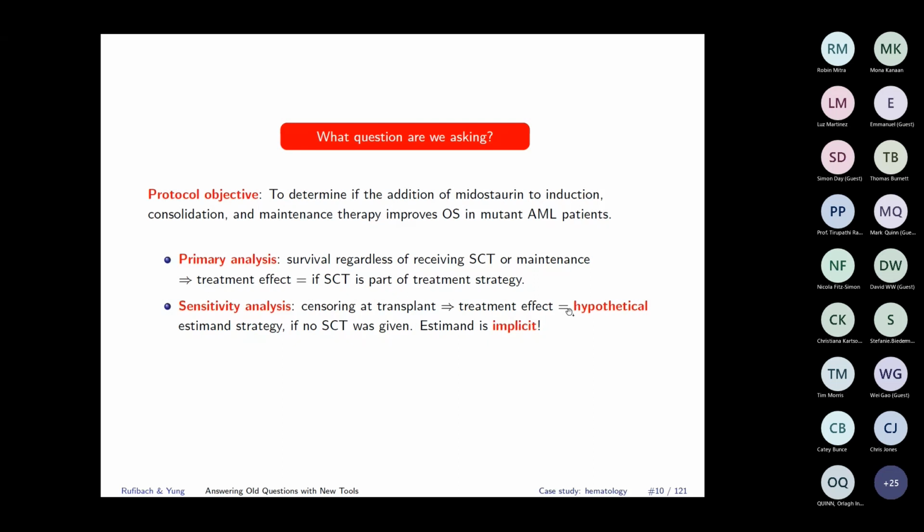Your treatment effect is then hypothetical. So if you censor at transplant, implicitly you become interested in a treatment effect in a world where no stem cell transplant was given. Okay, that can be a genuine interest, but this has not been said here.